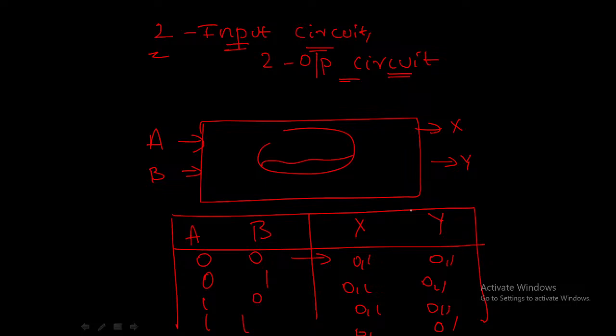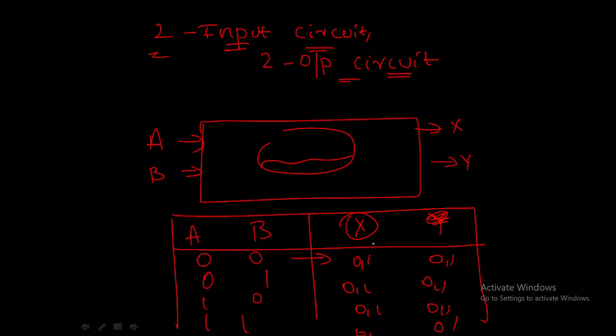So this is the truth table for a two input, two output circuit. If we have only two inputs and one output, then we discard one output column and keep only the one output. This is how we draw the truth table and describe the relationship between the inputs and outputs.